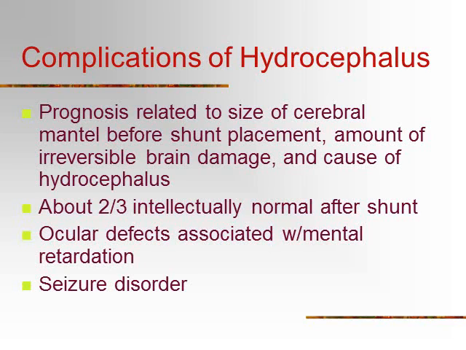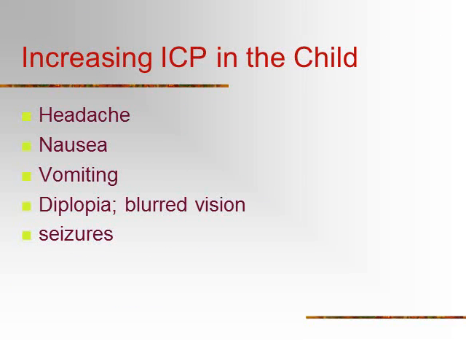So as long as that CSF can start being drained, they can have good brain function. And then if they have ocular defects, that's associated with more of a developmental delay or mental disability. And then they can also develop seizures because of the hydrocephalus.